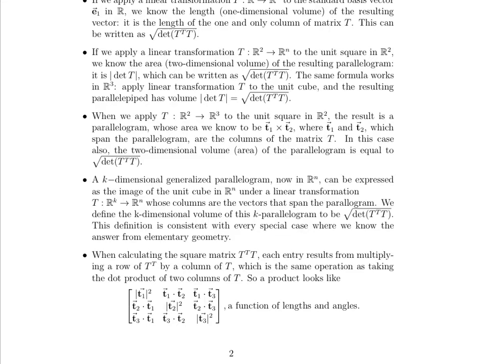And in fact, showing that these two approaches give you the same thing, that the area of the parallelogram the unit square is mapped into is either computed by finding the magnitude of the cross product of T1 and T2 or computing the square root of the determinant of T transpose T, that is going to be your first proof.